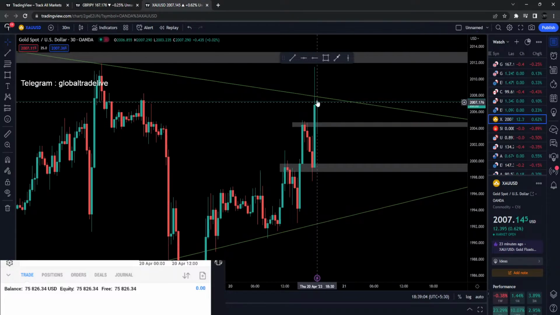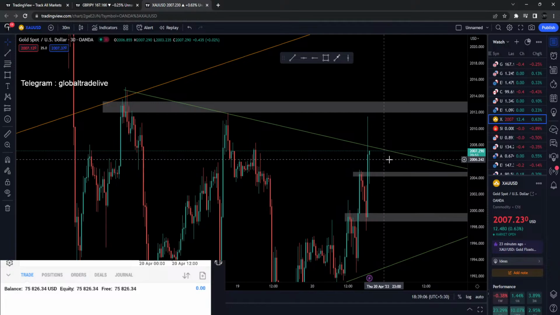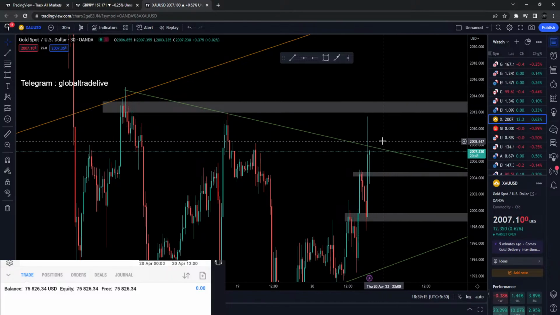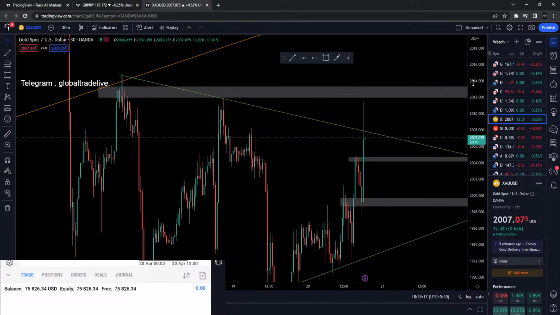As we can see, the gold is moving up, but we know that to take a buy trade we really need a strong analysis, or a strong break to the upside.